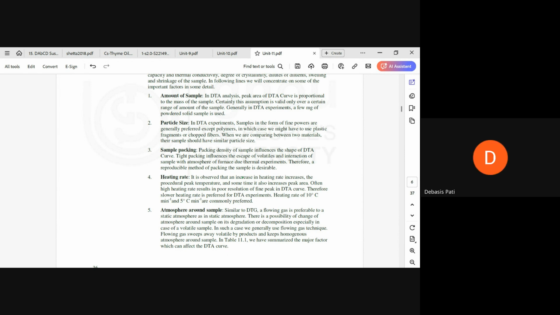I have seen a DSC machine; I am handling DSC also, and I am also handling TGA. But there is a machine called STA. Perkin Elmer is providing DSC and TGA as two different machines. But I am telling there is a machine, even from Perkin-Elmer, called STA, simultaneous thermogravimetric analyzer. It does both of this work.